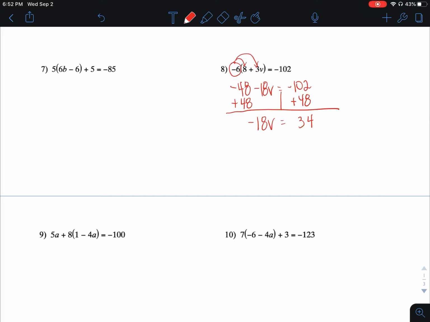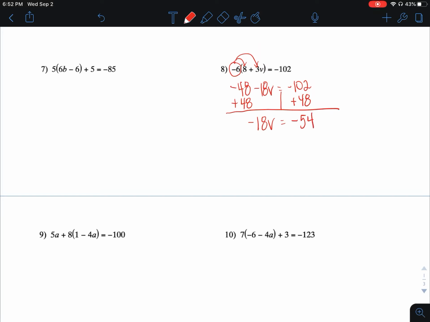Nope, that's definitely not it. I'm sorry. Miss Carol's getting back in the groove as well. So let's see, we have negative 102 plus 48, which is actually going to be, that's actually a subtraction problem. So we get negative 54.